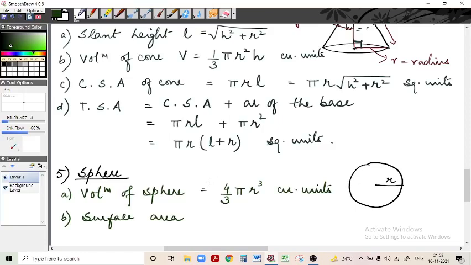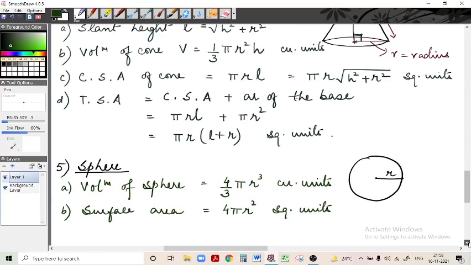So surface area will be equal to 4 pi r square, square units. This is my surface area.